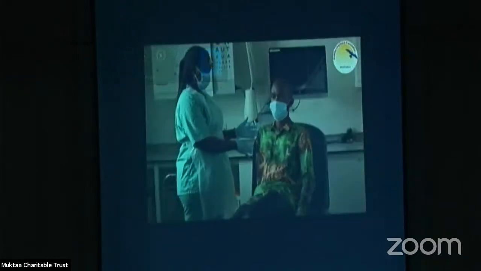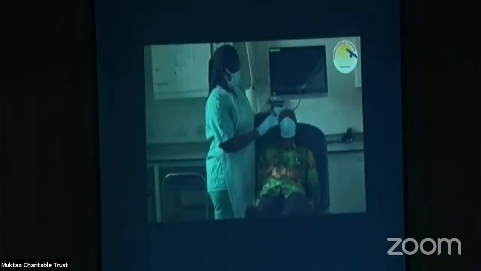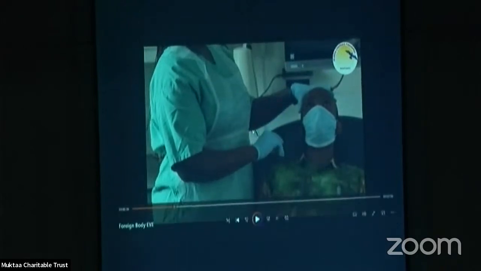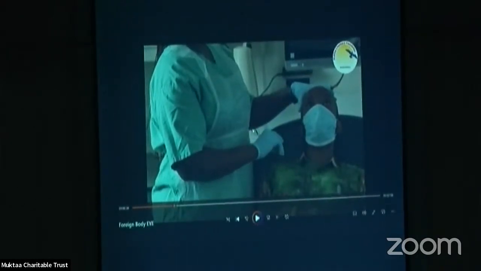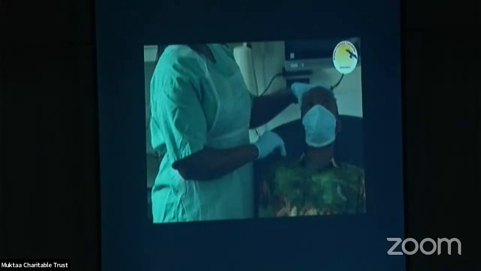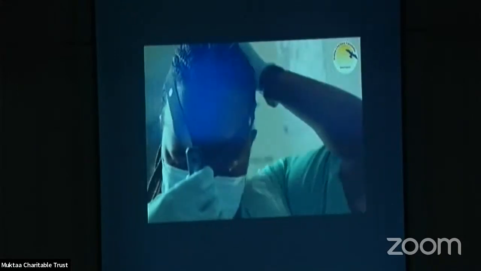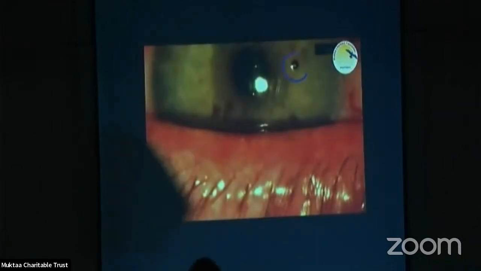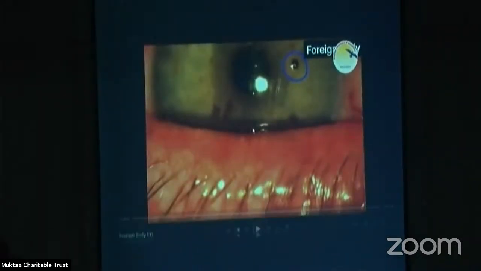With the headlamp on, things are much easier for the doctor. The patient has been instructed that he is not supposed to move his head side to side.